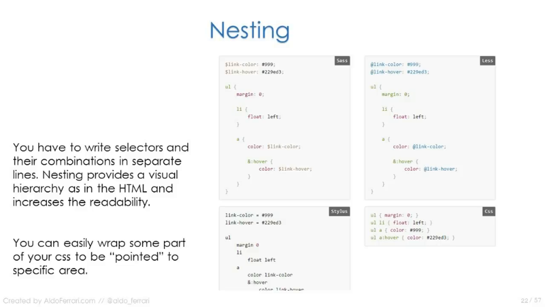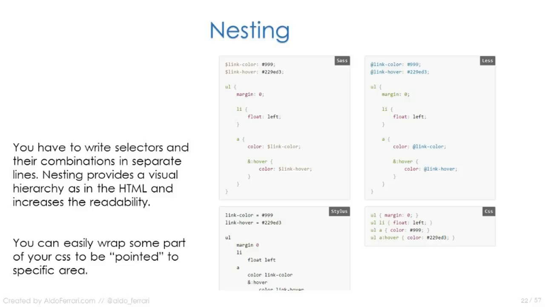The margin 0 is defined for the UL, but if you put LI inside the UL element, automatically you can define anything for the LI. And the third selector is the link, and you can say that for each link in a list inside the UL, you will have a color of 999.